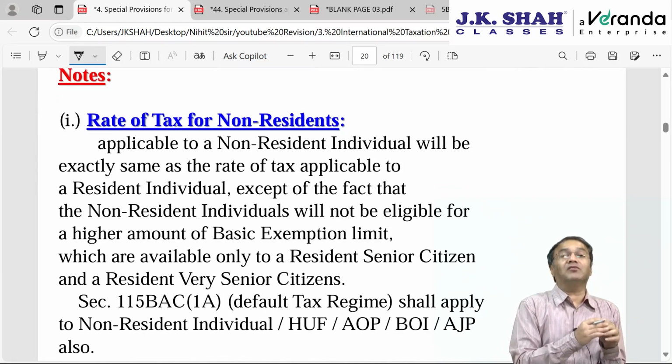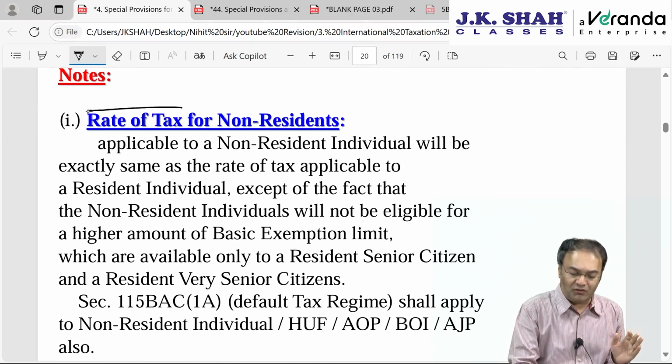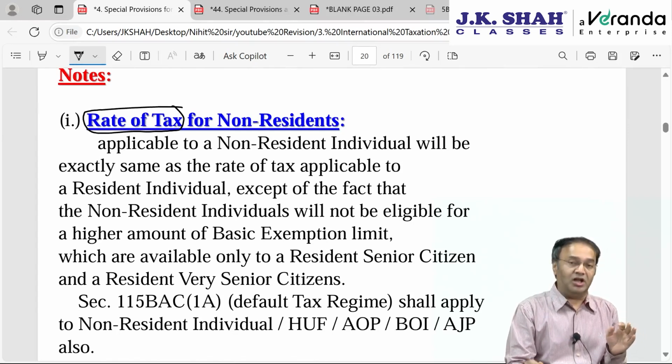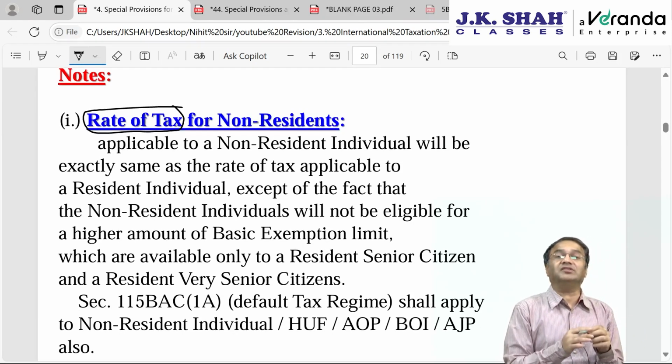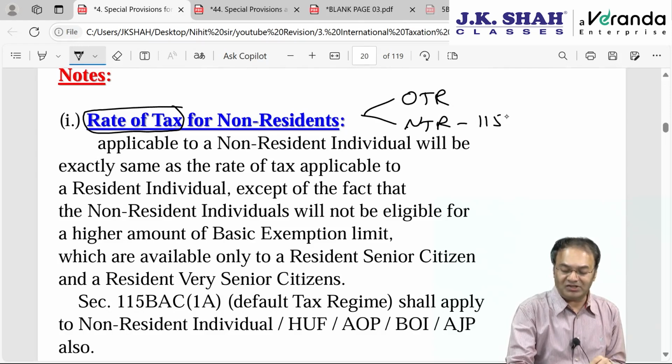Now what will happen if the individual turns out to be non-resident? Answer: if he turns out to be non-resident, then in rate of tax it will make no difference. Rate of tax for non-residents is exactly the same as rate of tax for residents. Whether it is the old tax regime or the new tax regime of section 115BAC subsection 1A, both are the same.